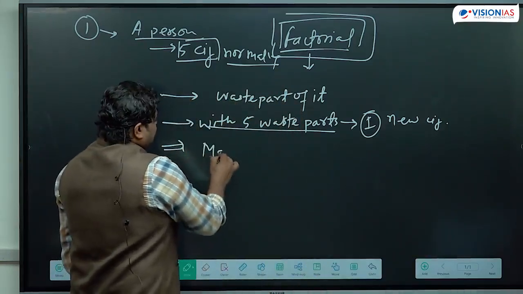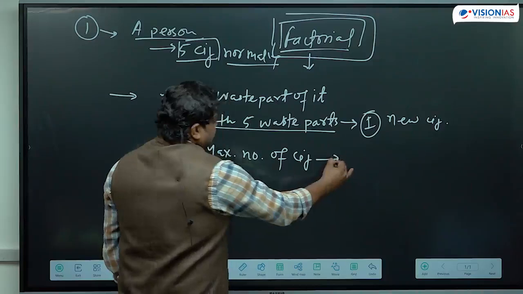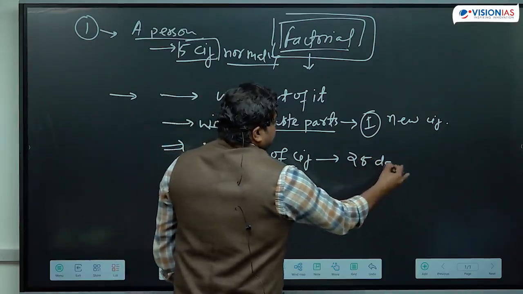Calculate the maximum number of cigarettes he can smoke in 25 days.